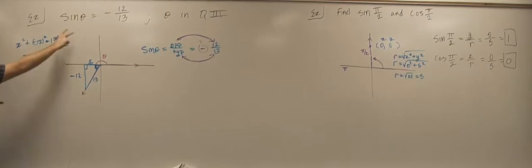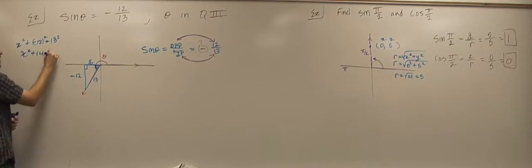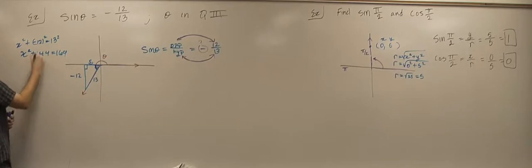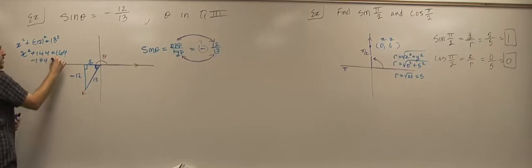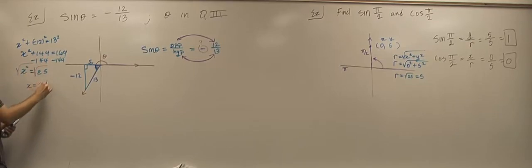When you solve this, you get x squared plus 144 equals 169. You subtract the 144 over, x squared equals 25. Because we're square rooting both sides, there are two choices. And I don't want the positive because I'm in the third quadrant.